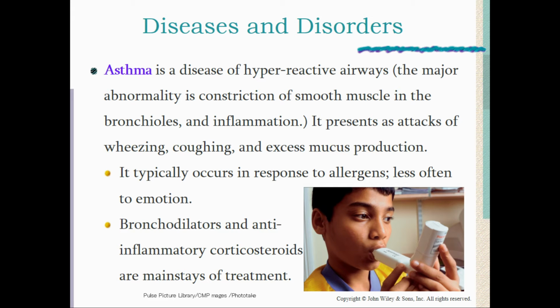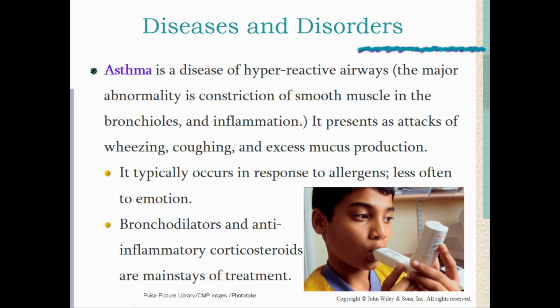Asthma is a disease where the respiratory tract is hyperreactive. The airway is hyperreactive, meaning it responds more fervently than it needs to. What happens is there is an abnormality of the constriction of smooth muscle in the bronchioles, and it causes inflammation.